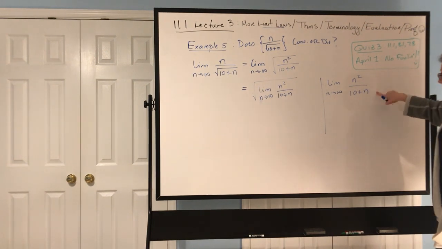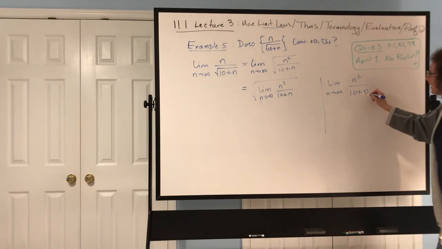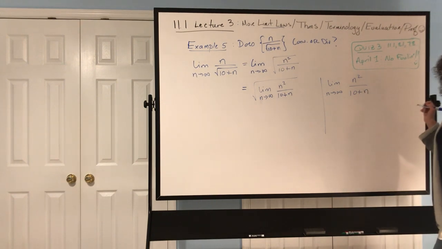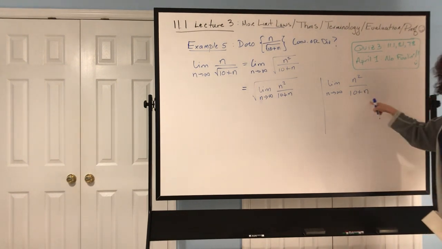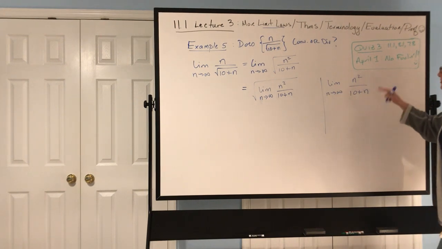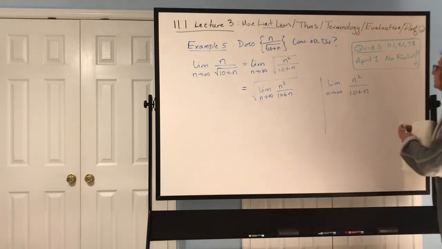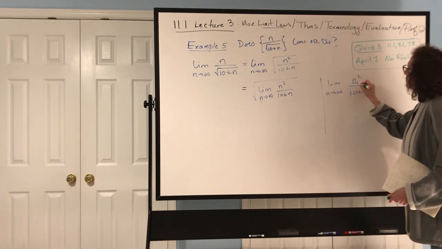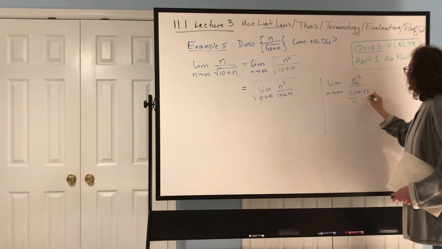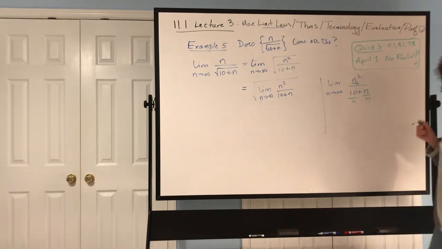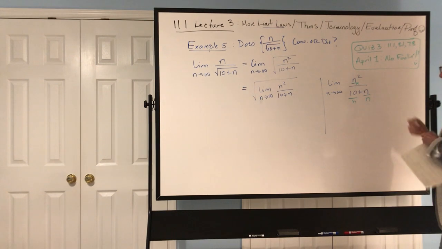This is an infinity over infinity indeterminate form, like we saw one of the last times. And then we divide by the highest power in the denominator. So what is the highest power in the denominator? Good, just n. So we're going to take this limit, and I'll write in green now: I'm going to divide every term by n, the highest power in the denominator.